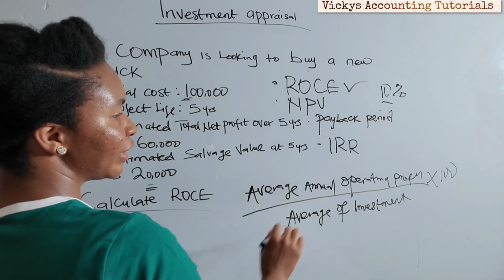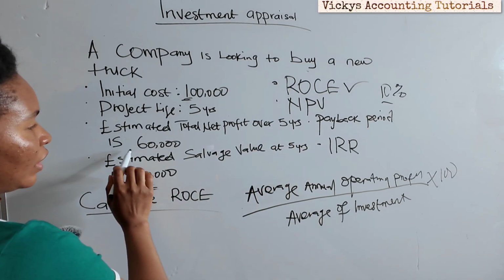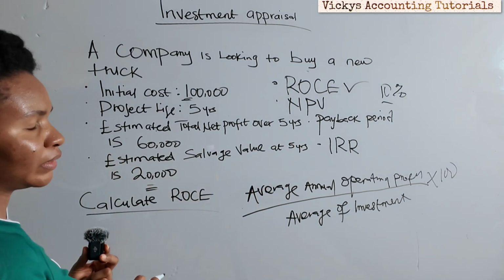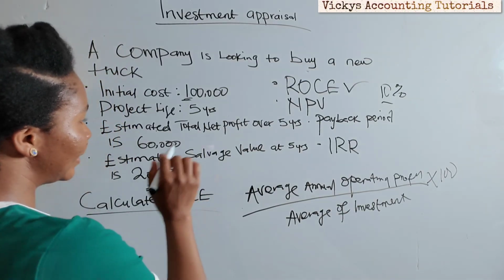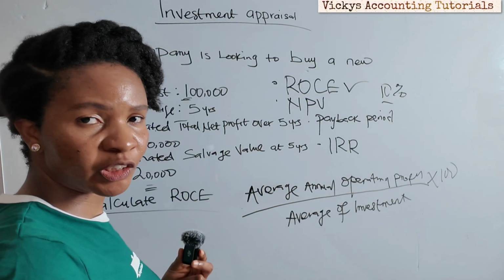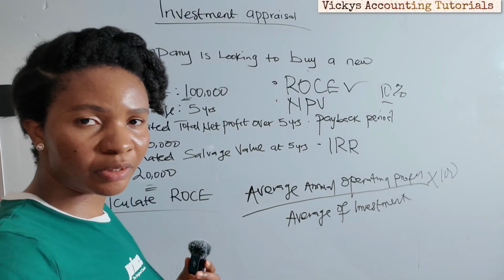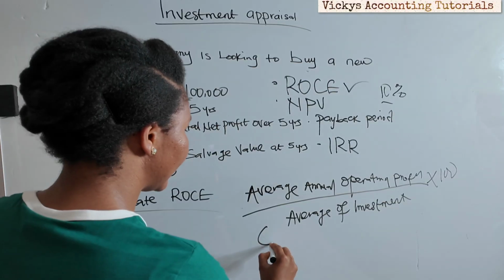Okay, what is the average operating profit? Mentioned here that over the 5 years period, they will be earning 60,000 pounds or dollars, okay, whatever the currency is. They'll be earning 60,000, all right, over the 5 years period that they will be utilizing this truck for their activities. So now we're going to say 60,000.